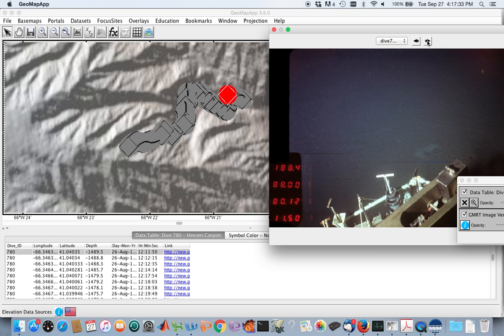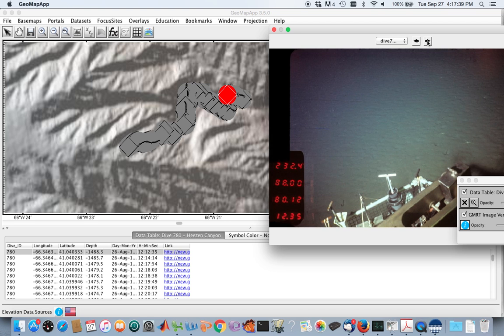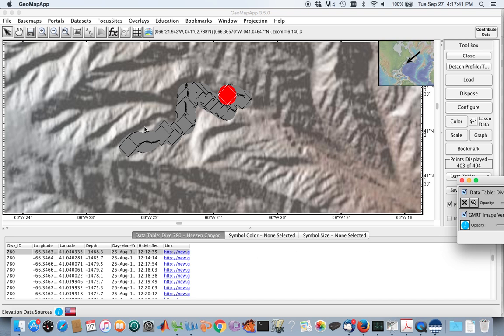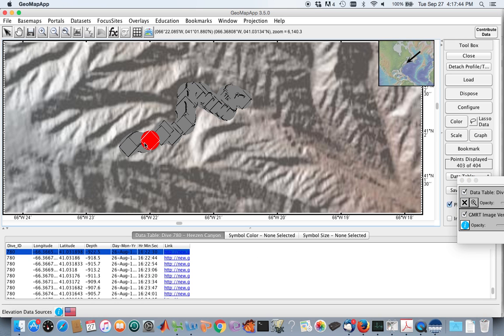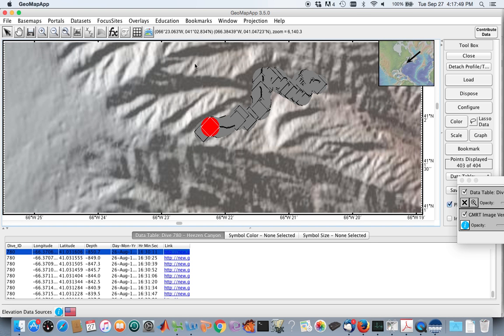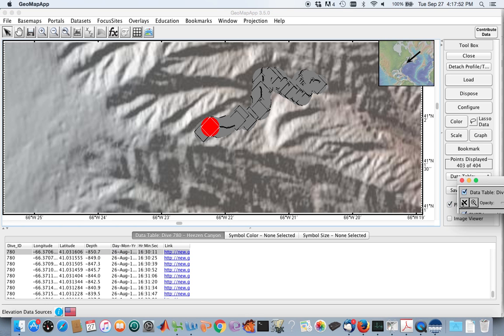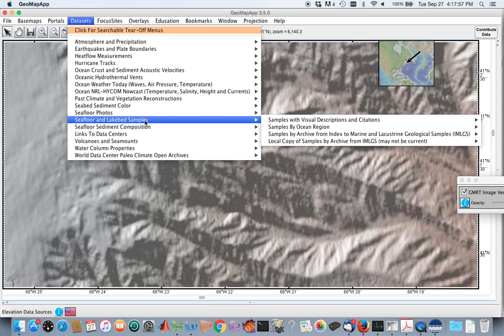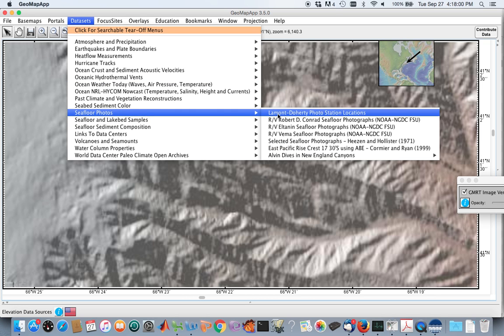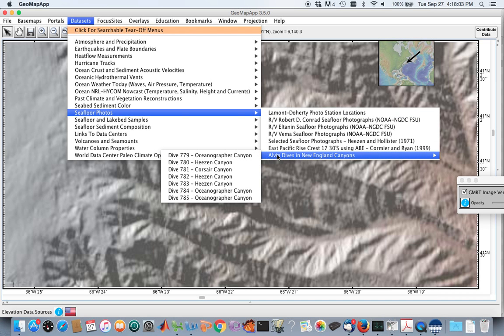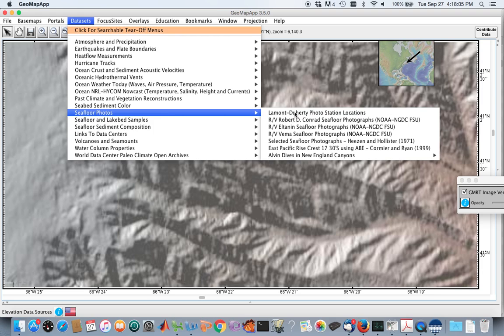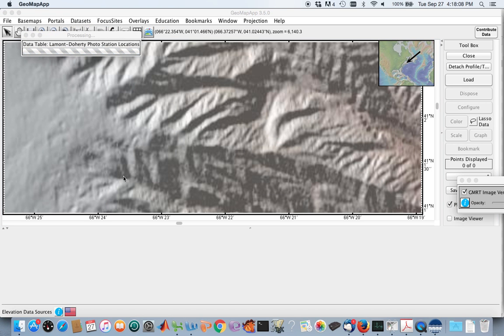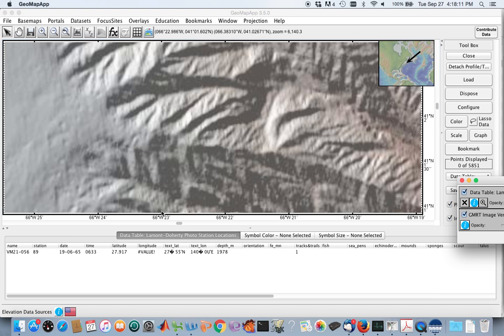Alright, we're back to a sedimented area, very fine sediment. And you go to the other end. Let's see if by chance, sometimes this works, you can look at some of these photos.